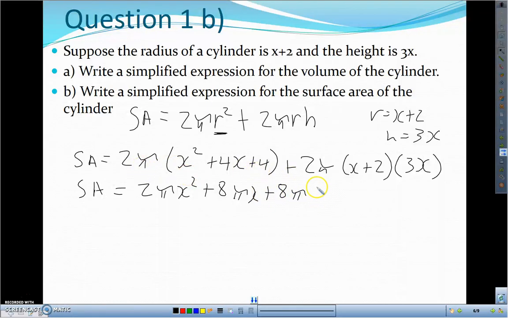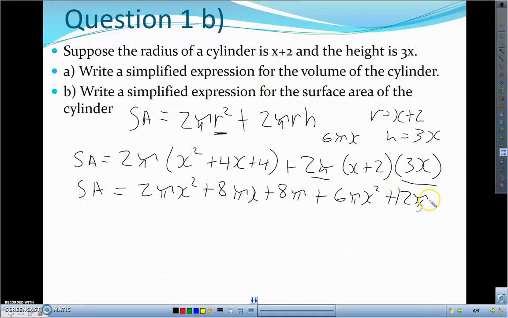And then I'm going to expand these things here, and I'm going to try and do it in one go. 2 times x is 2 pi x times 3x. This is maybe going to be a little bit too much to do, but if you're good, maybe you can still do it. Maybe what I'll do is combine these two right now. That's technically 6 pi x. So it's 6 pi x times this x plus 2, so that's going to become 6 pi x squared. And 6 pi x times a 2 turns into plus 12 pi x.